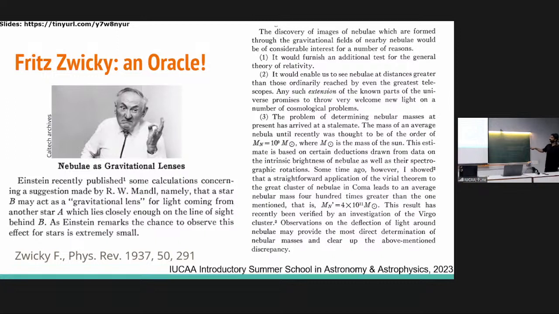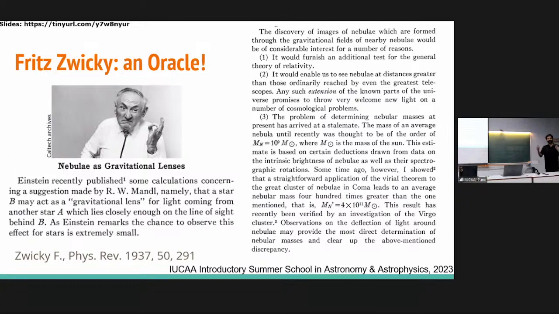So Einstein had published some of these calculations based on this suggestion made by R.W. Mendel, as you can see here, that a star can act as a gravitational lens. But Fritz Zwicky said that actually there are many more massive objects which can act as gravitational lenses.